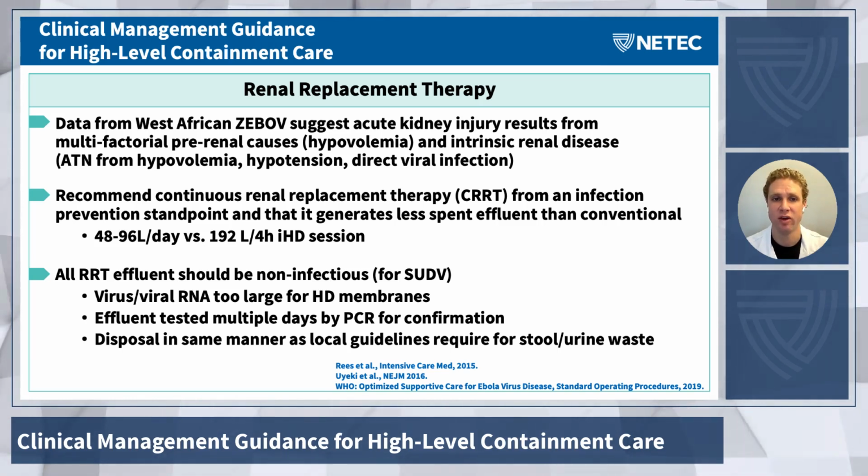We recommend, not only from an infection prevention standpoint, but also from a benefit standpoint, continuous renal replacement therapy over conventional hemodialysis. As you can see, renal replacement therapy uses much less effluent than conventional hemodialysis, 48 to 96 liters per day versus almost several times that, 192 liters, for just one 4-hour intermittent hemodialysis session.